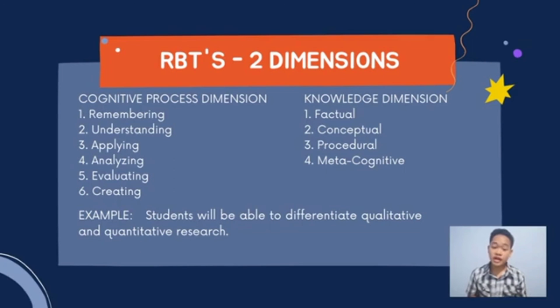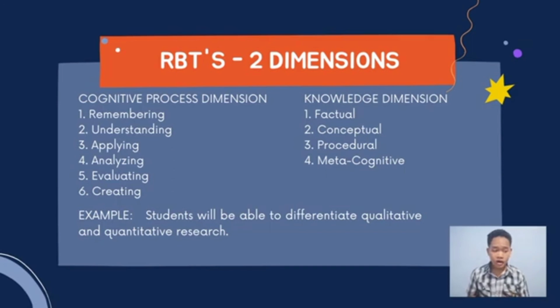And in this case, it is analyzing, because we need to analyze here the difference between the qualitative and quantitative research. So we need to separate these 2 for the better analyzation. And then another keywords here are qualitative and quantitative research. And these are the noun phrases that are representing the knowledge dimension, the conceptual type of knowledge.